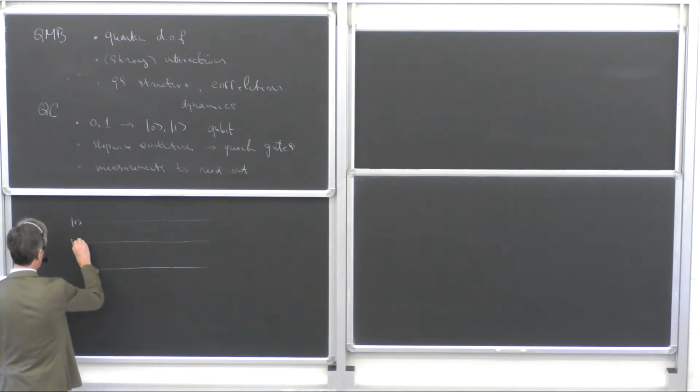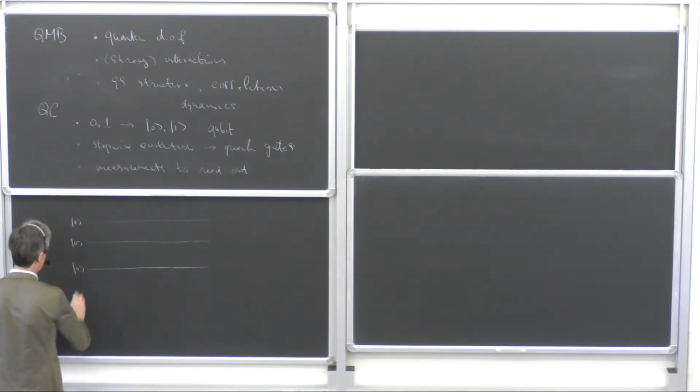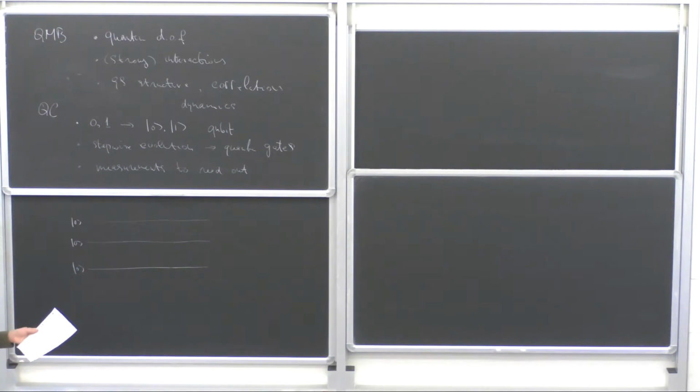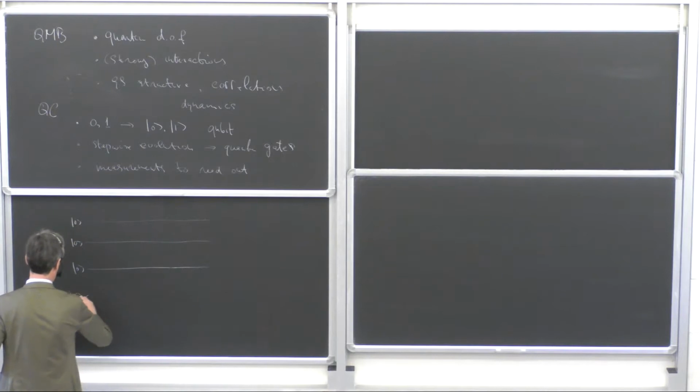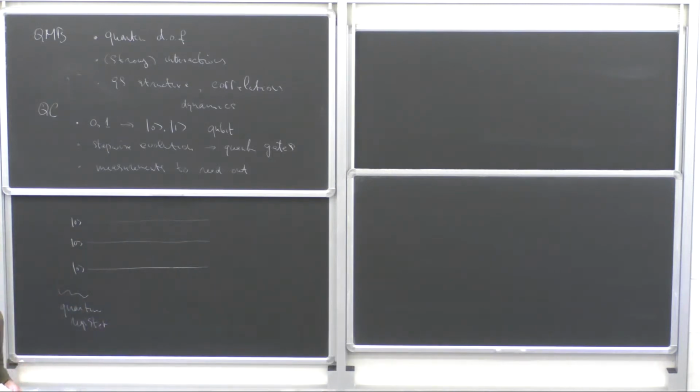Let's imagine I put 3 qubits in state number 0. That's the quantum register, so to say. Quantum register, typically a collection of qubits or a variation. Some people like to work with qudits, where there's more than 2 states.